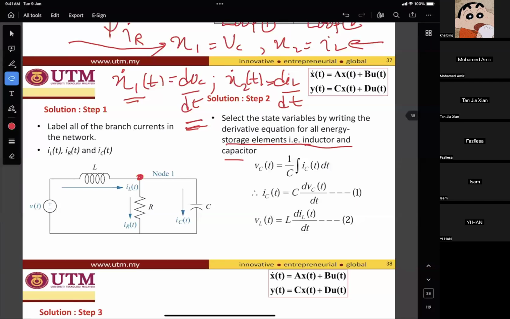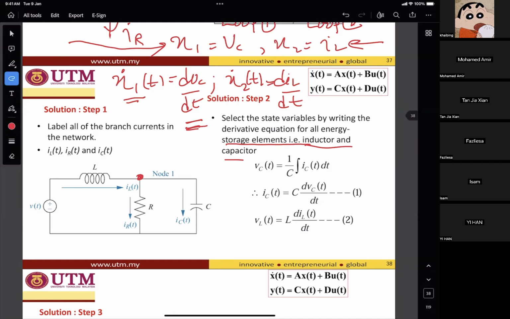Because the capacitor stores the electrical charge and the inductor stores the magnetic charge. Not very clear. Because of charging and discharging. Because the inductor and capacitor have the capability to store electrical energy. That is the answer.